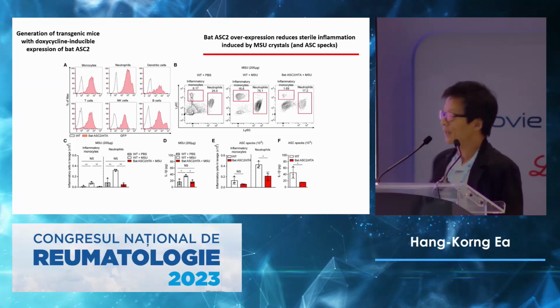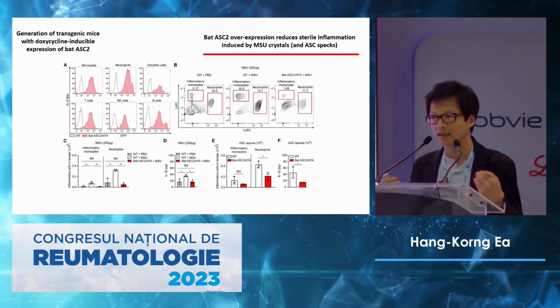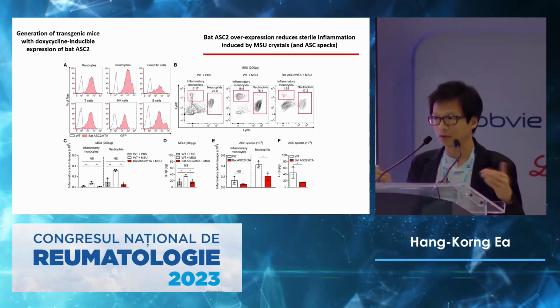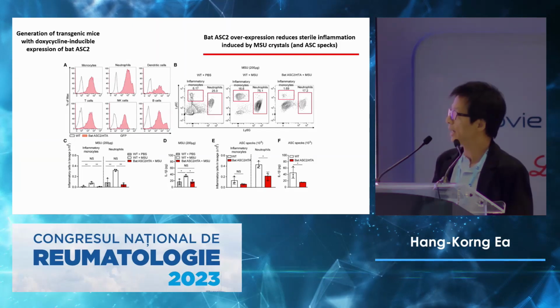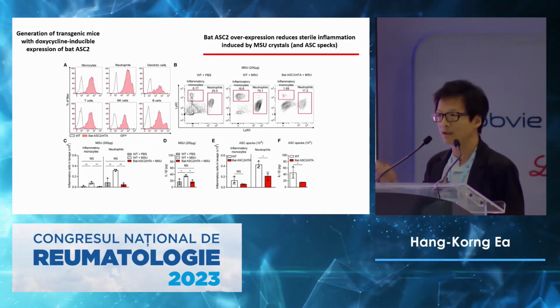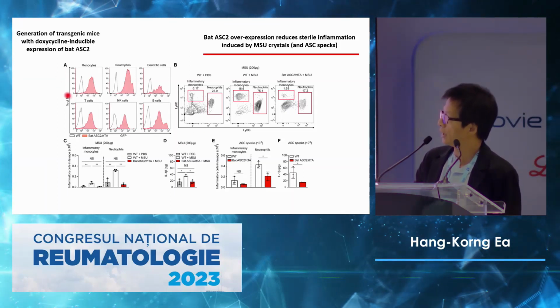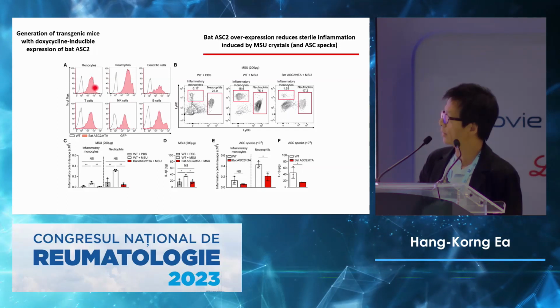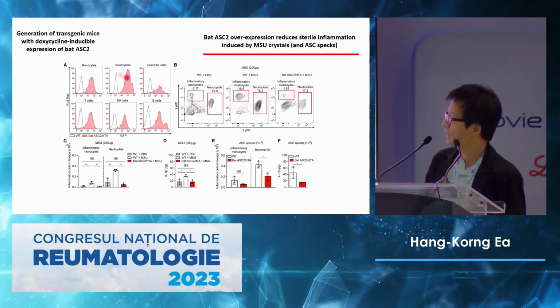And these authors overexpressed ASC2 in mice. In mice there's no ASC2, so the mice didn't express this protein, but we were able to generate transgenic mice overexpressing ASC2, and we show here you can see that the ASC2 expression is very widespread in every innate cell.